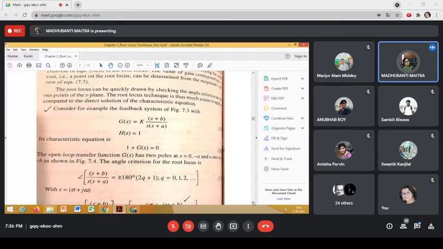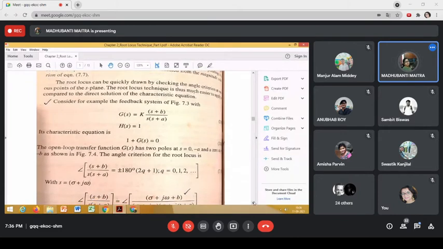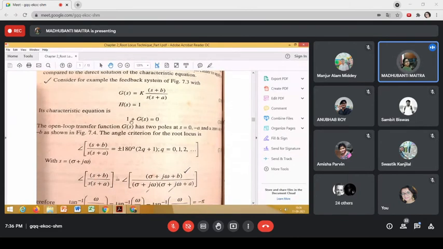And if you vary the value of gain K over a wide range from 0 to infinity, the angle criterion will result in the complete root locus of the system. So this is the forward path transfer function. H(s) equal to 1 means a unity feedback system. So this is the characteristic equation, 1 plus G(s)H(s) is equal to 0.